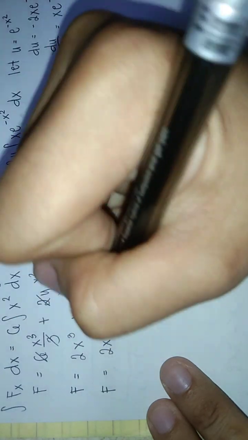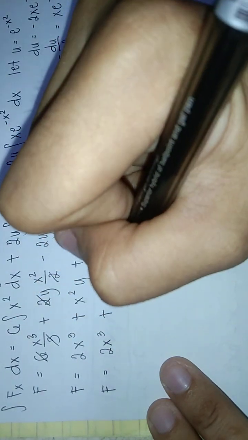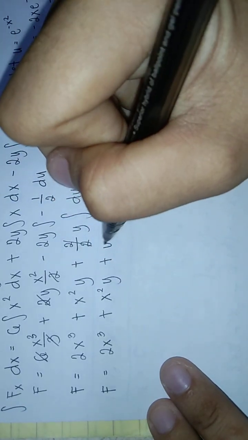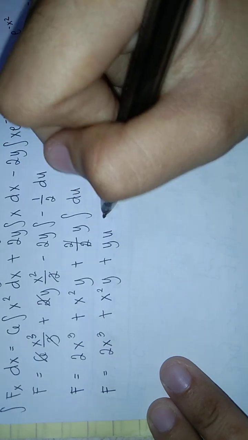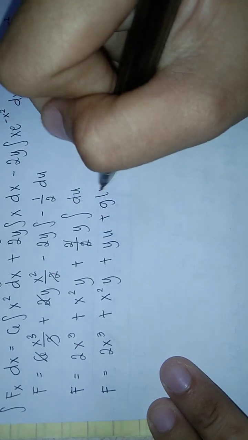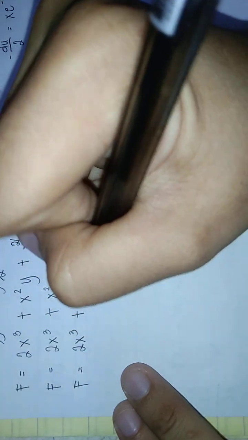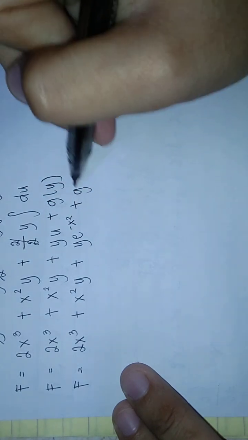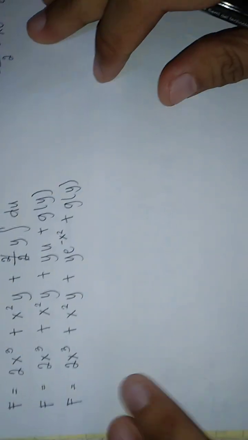Then the integral of du is simply u, then we'll use an unknown function g of y. Then let's return the value of u. And that's our potential function.